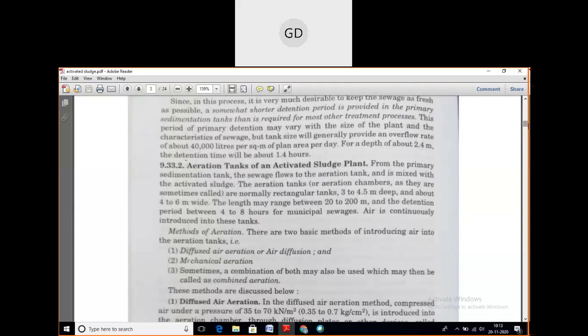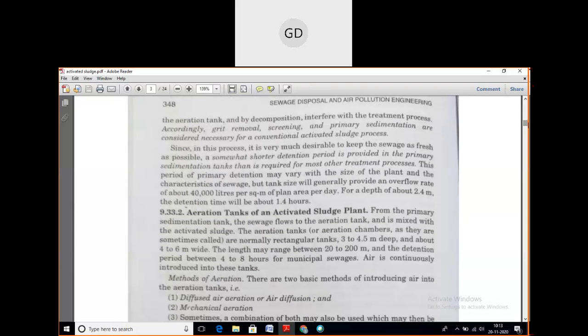In this process, grit removal, screening, and primary sedimentation, those three, are considered very important and necessary for a conventional activated sludge process.